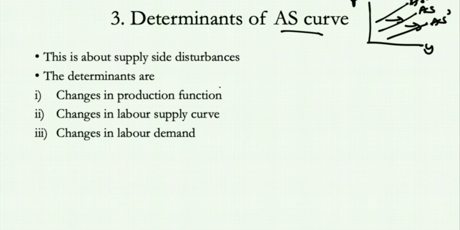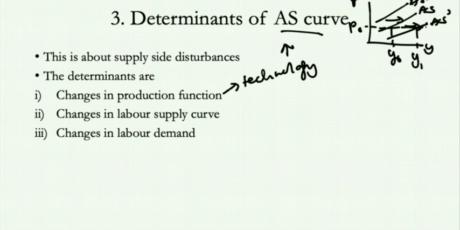Now, usually what we learn is, if there is an increase in the production function because of technology, when you call back your undergraduate level, an increase in technology allows you to produce more for the same amount of cost. For the same amount of price, you can produce more. So price is maintained at P0, initially at Y0, now you produce at Y1. So it must be on the new aggregate supply. So aggregate supply shifts to the right from AS to AS prime. That's what we learn. But you didn't learn what happens to the labor market and whatnot.